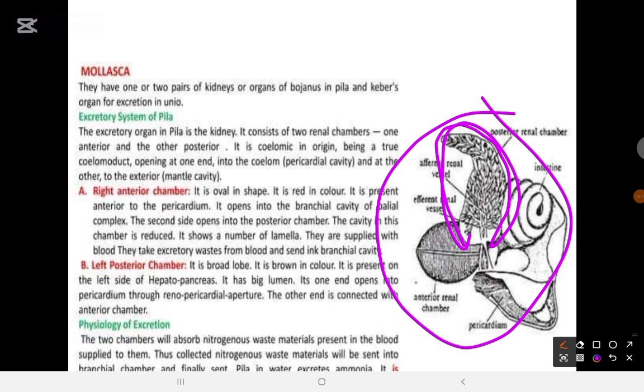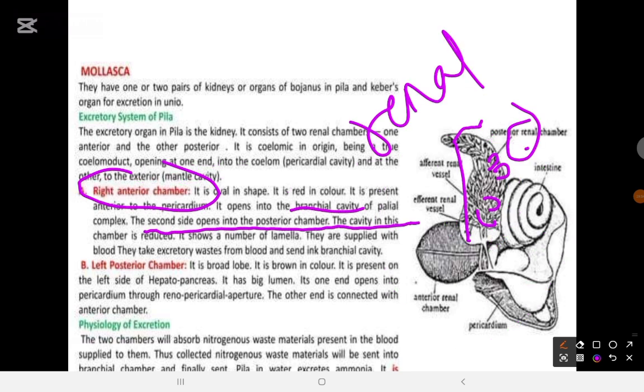Being a true coelomoduct, it opens at one end into a coelom, that is the pericardial cavity, and at the other to the exterior, which is the mantle cavity. The mantle cavity is where the shell is secreted.